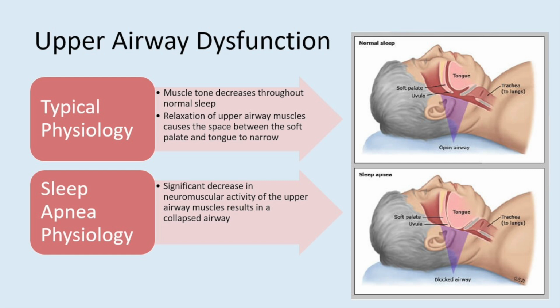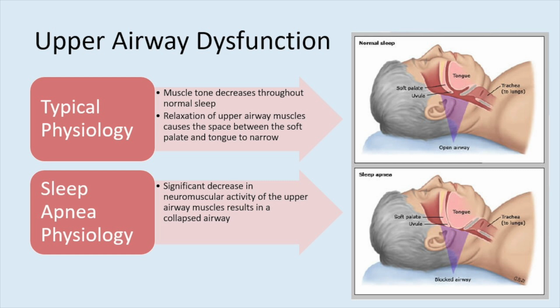So naturally the tongue sinks into the back of the throat, pushing on the uvula and the soft palate, and also on the epiglottis, but it doesn't cause a blockage. Typically people don't see symptoms of apnea or hypopnea just because our normal anatomy allows our muscles to relax without causing the blockage of our trachea and airway.